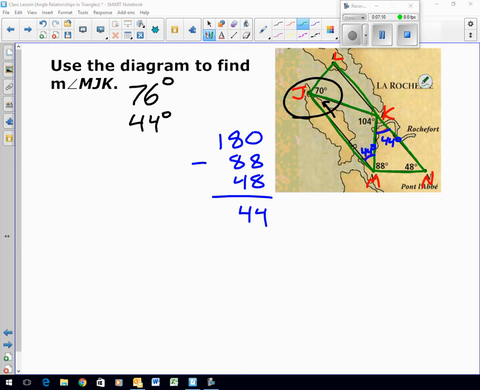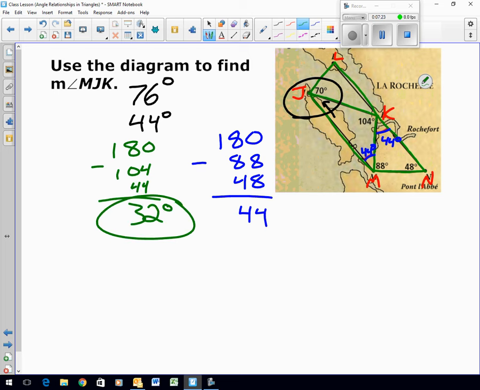So I'm going to repeat this whole process: 180 minus 104 and 44. What do you get? 32 degrees. So my answer here is 32 degrees. That's the geometric principle.